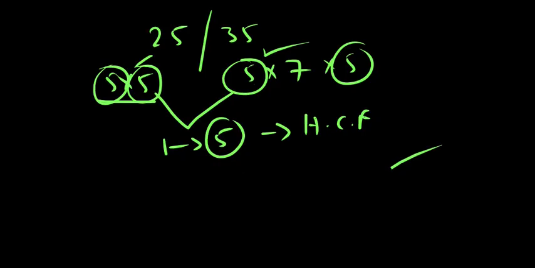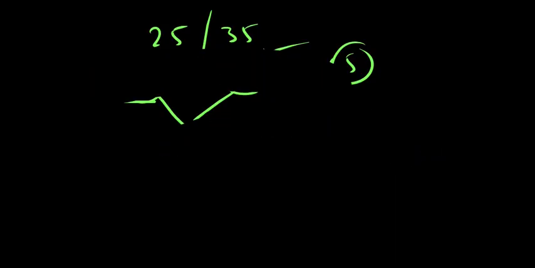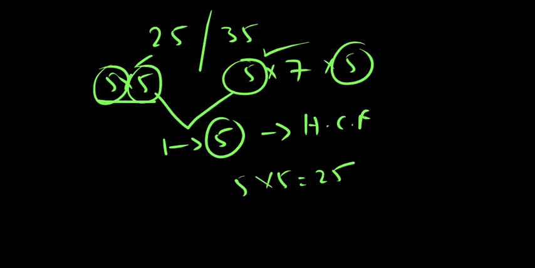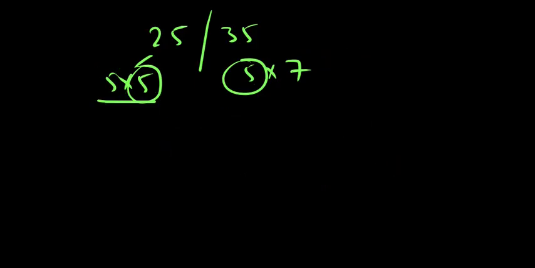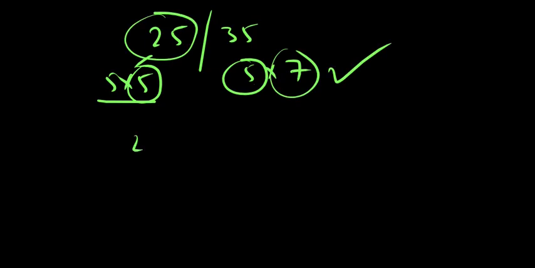But when it comes to LCM, you should see only the uncommon thing. If you are taking 25 here, 25 multiplied by the uncommon one, 7.